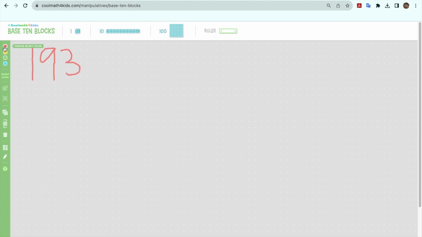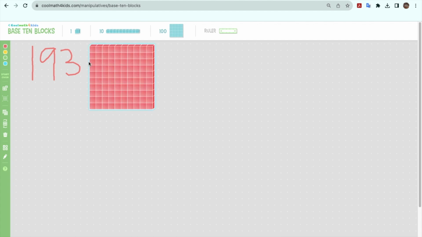Our second example is the number 193. We have 1 flat, which is equal to 1 hundred. And then you have 9 rods, which is 9 tens.